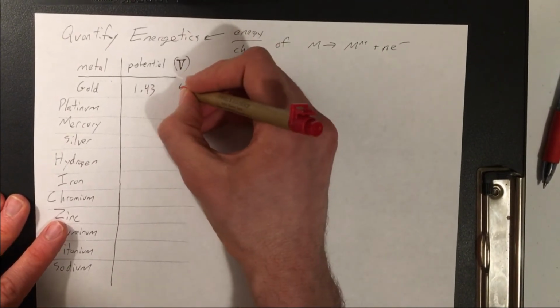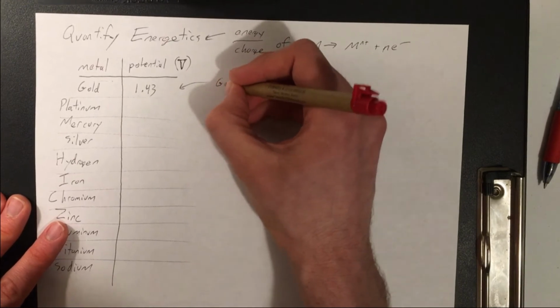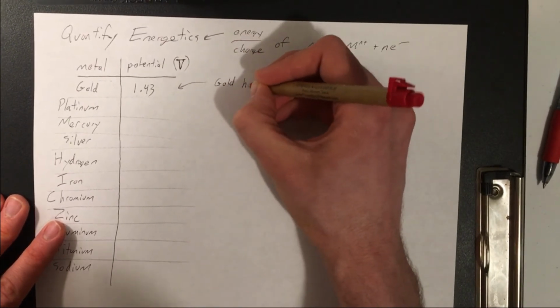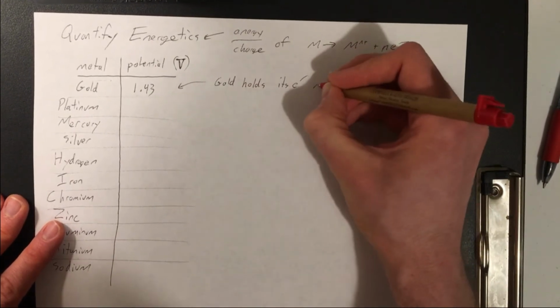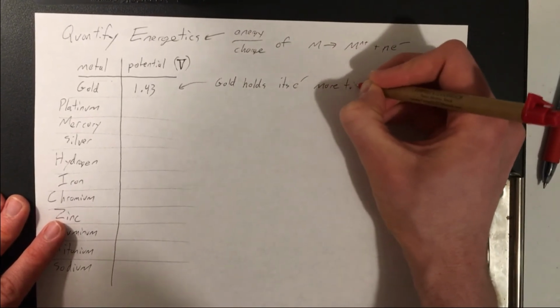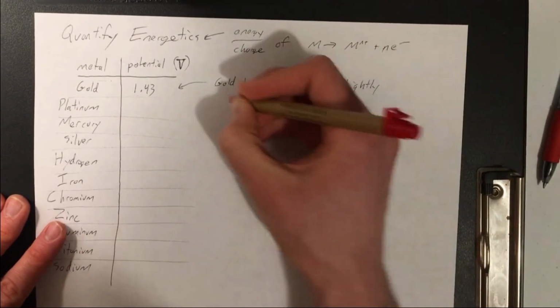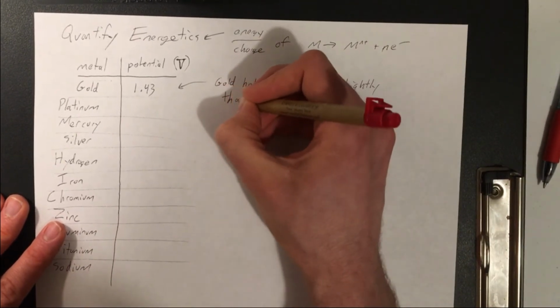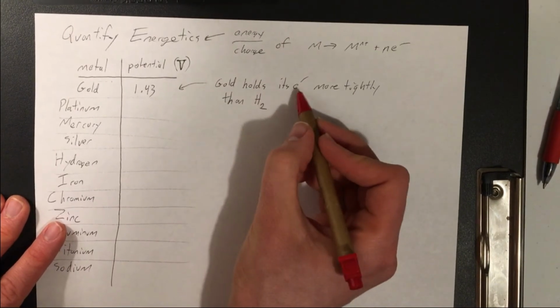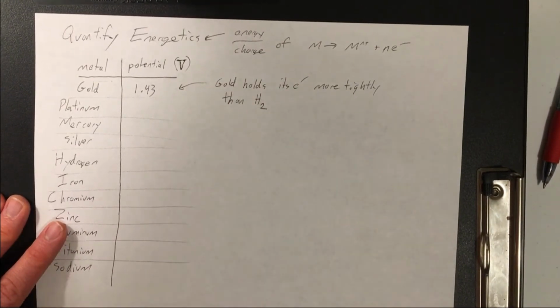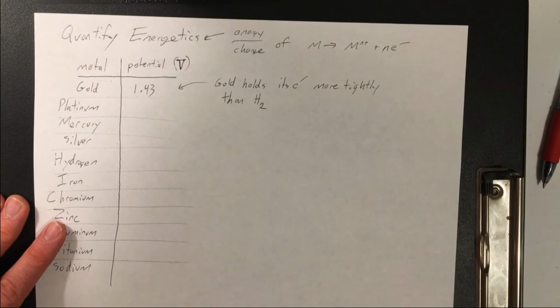So this means gold holds its electrons more tightly than hydrogen does.